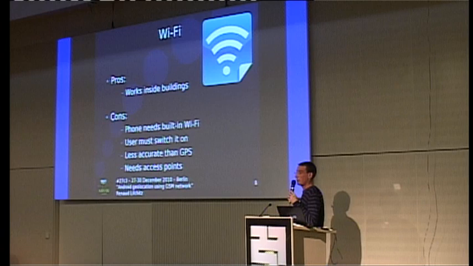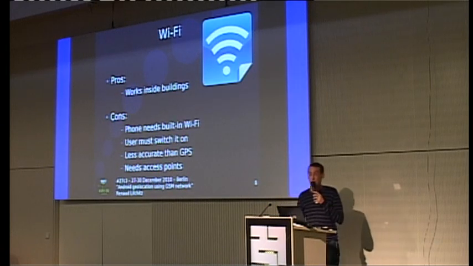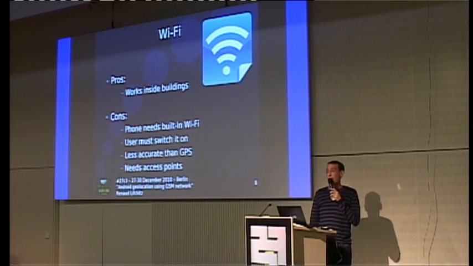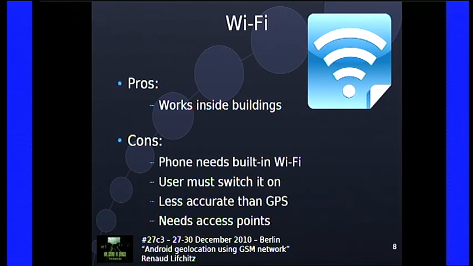Another way to geolocate yourself is to use Wi-Fi. Wi-Fi, on the contrary, works inside buildings. So you can locate yourself at work or at home. No problem with that. But you need Wi-Fi on your phone. You need to switch it on. And it's far less accurate than GPS because the coverage for a Wi-Fi access point is about 300 meters.